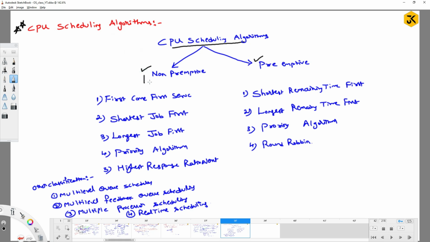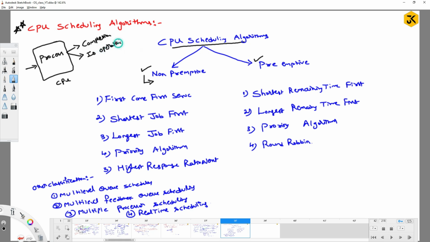Non-preemptive scheduling algorithms means once a process enters the CPU, it can come out only in two situations. One is after completion of its task, or if any kind of IO operation is needed.